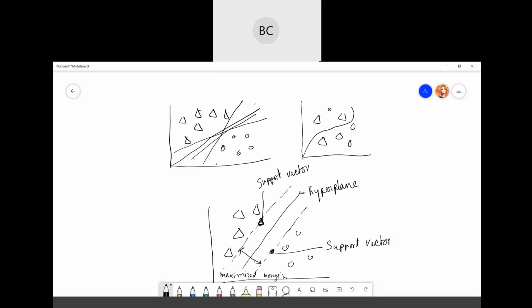Then in the higher dimensional space, it's easier to find the particular distance. Just think, these are the points. In 2D it's difficult to understand how to create a decision boundary or line between these two categories.